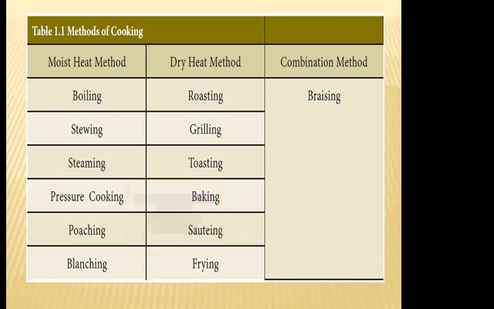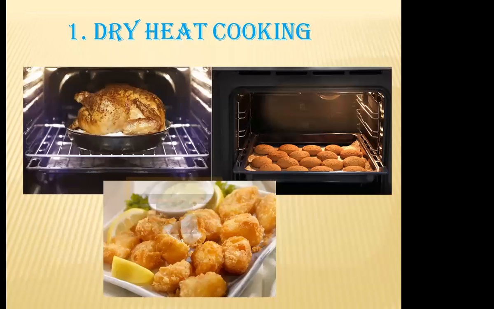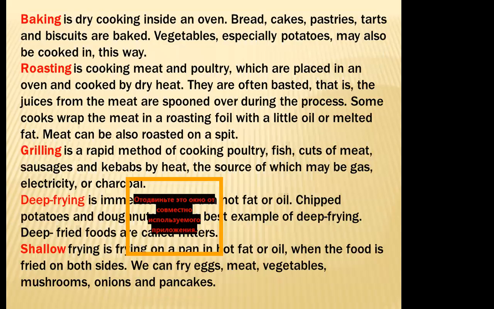The next, we continue our work. Dry heat method. Dry heat cooking method, it is baking, is dry cooking inside an oven. Bread, cakes, pastries, tarts, and biscuits are baked.